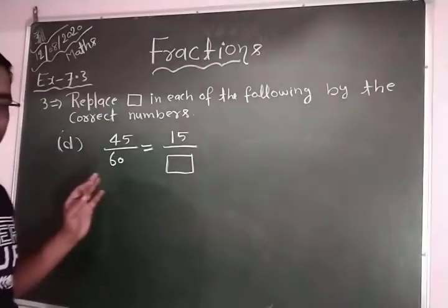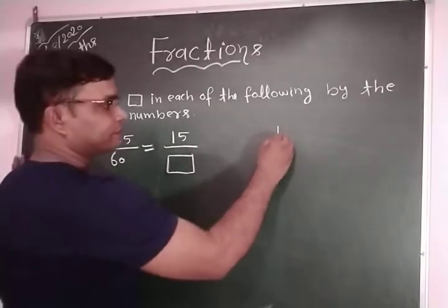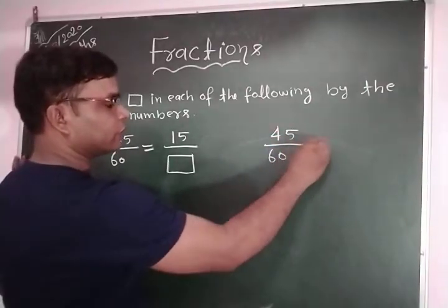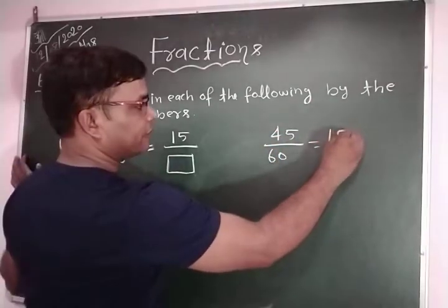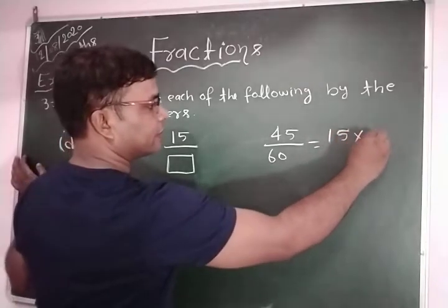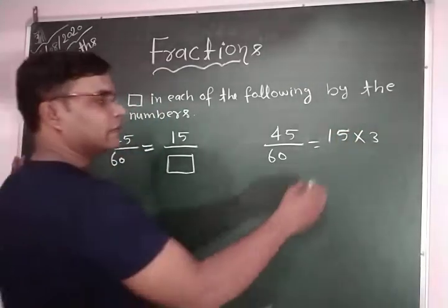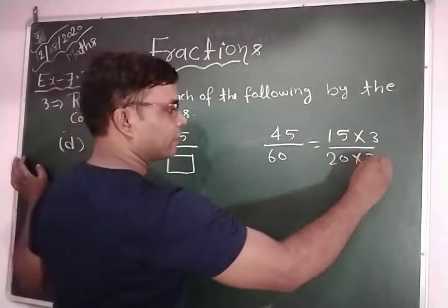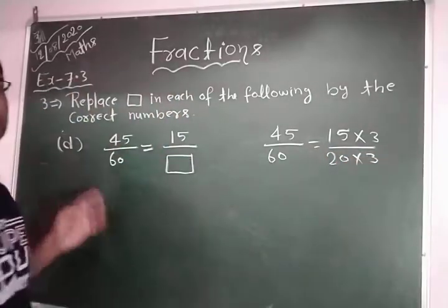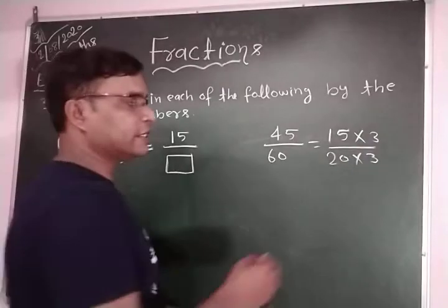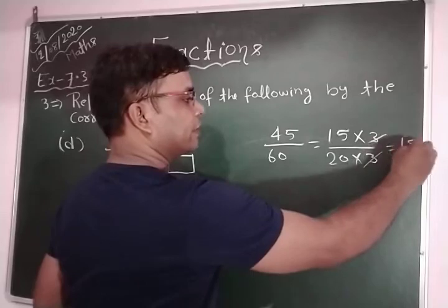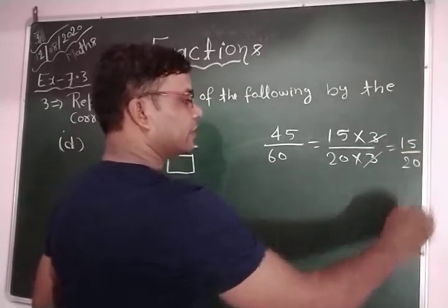We simplify it. 45 and 60 can both be written with a common factor of 3.